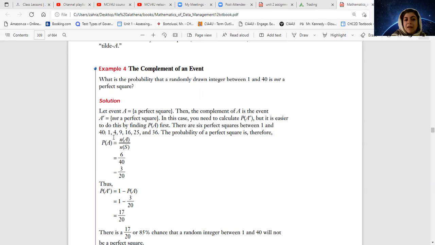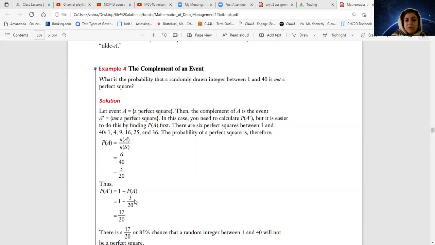So the probability of having a perfect square is 6 over the total number, 40. It's 3 over 20. And the probability that the number is not a perfect square is going to be 1 minus the probability that the numbers are perfect squares. So you just find the complement of this probability: 1 minus 3 over 20.